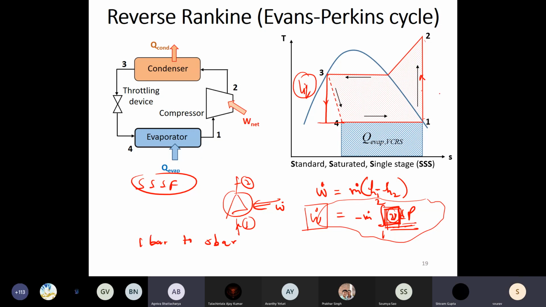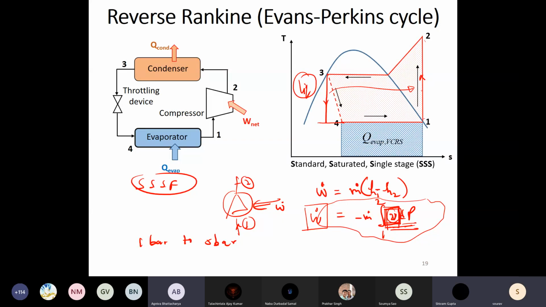Theoretically, we should place an expansion device there which produces some work to compensate, even if it be 10%. But in order to extract that 10%, I need another moving part in the system. I need to place it on the same shaft as the compressor because I don't want a generator placed inside my refrigerator.